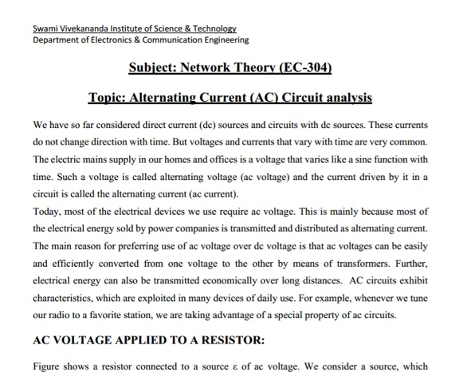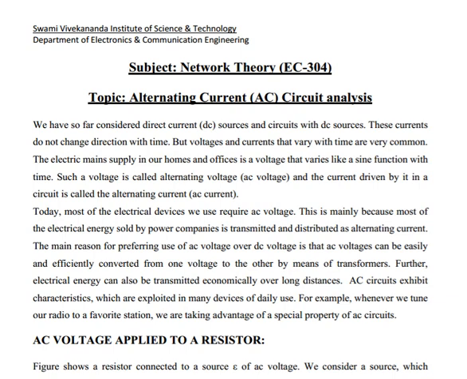But in practical cases, especially the electric mains supply in our homes or offices, the voltage source looks like a sine function or cosine function, which varies with respect to time. This is called alternating voltage, and the current is called alternating current.